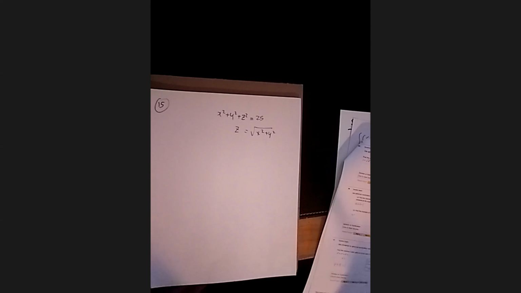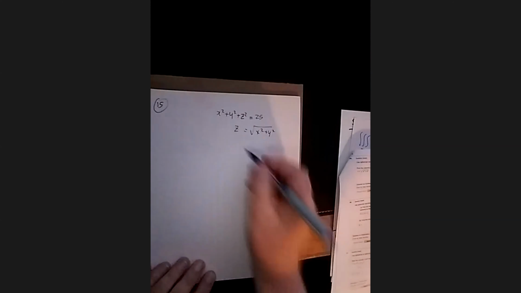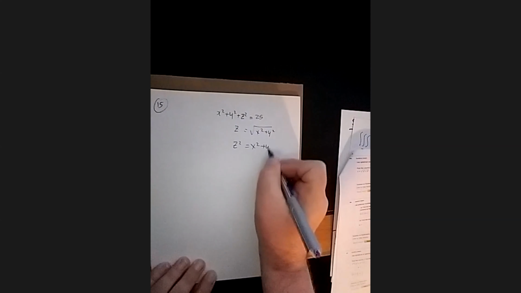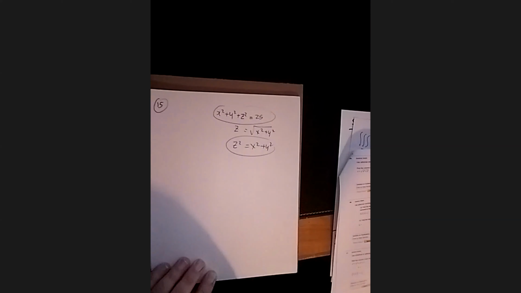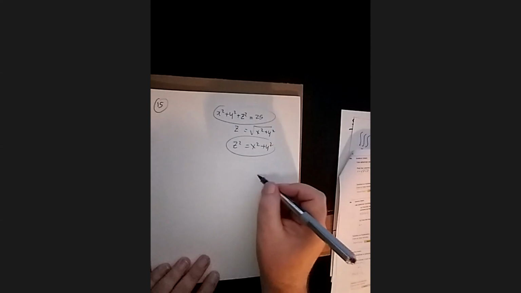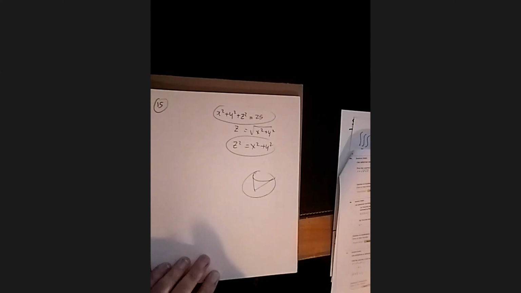Yep. So what we're going to have to do here is I'm going to rearrange this guy and call it z squared equals x squared plus y squared. So far, so good. Now, if I put these together, what I'm basically doing is I'm trying to find out where this sphere and this cone interact with each other.